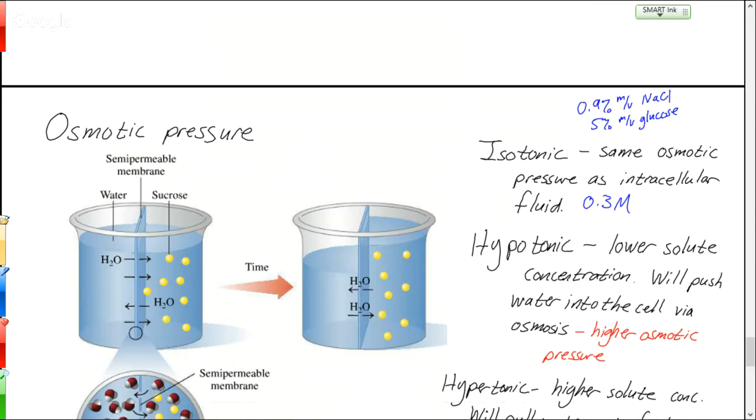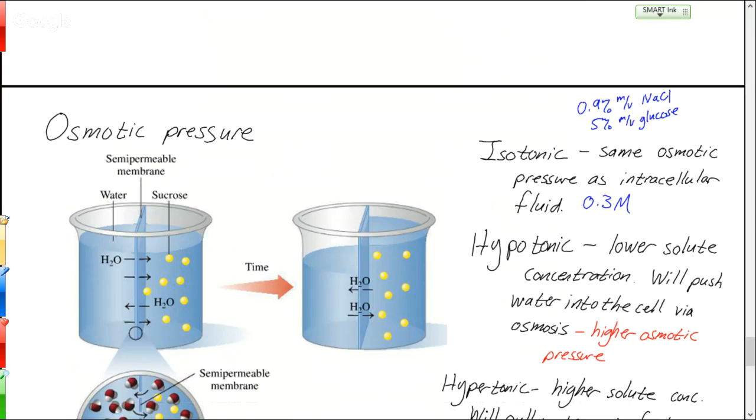Very different numbers, 0.9% versus 5%, and that's because of the different molar masses and all of that. But those are both, if you do the conversions, and we'll do that in lab in a couple weeks, we'll do it together, if we convert those units from grams per milliliter to moles per liter, you find that actually both of them are 0.3 molar in total dissolved particles. So by counting those particles, that's how we can define an isotonic solution.